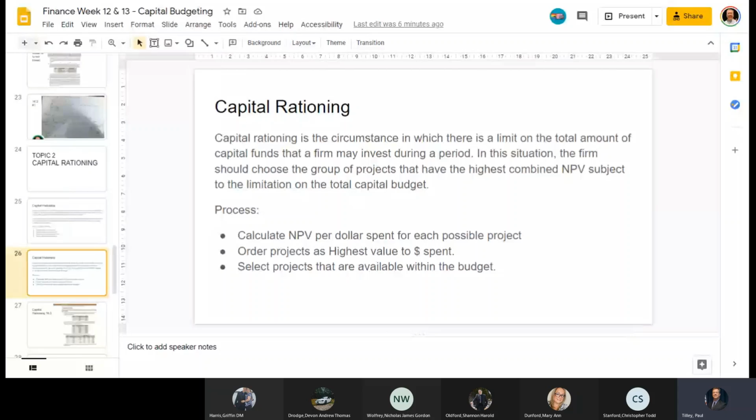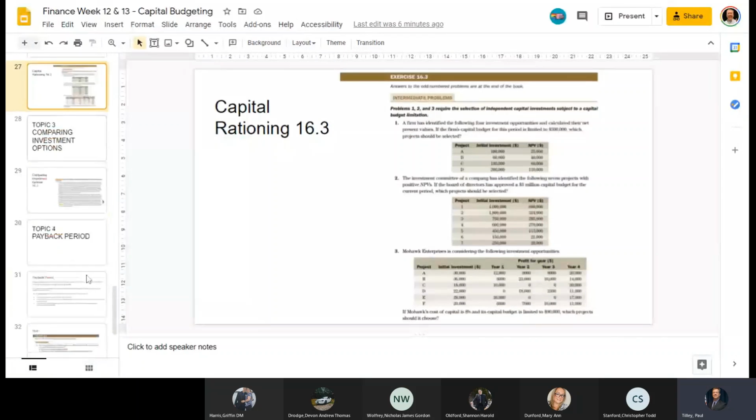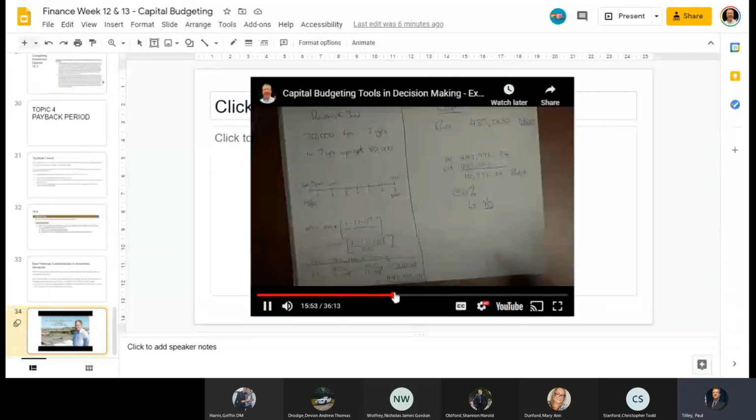Okay, so how does that work? Well, we need to look at an example, and I believe number 1 here. I'm going to try this one more time.